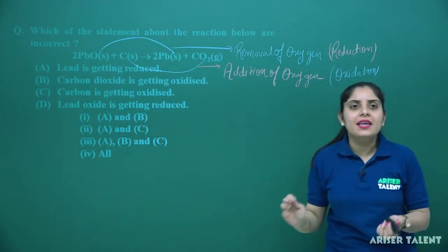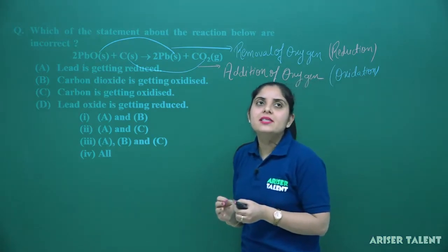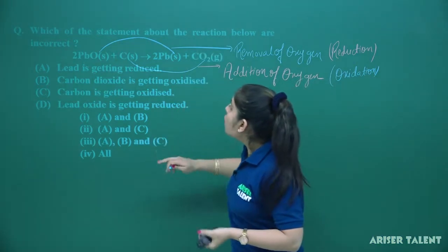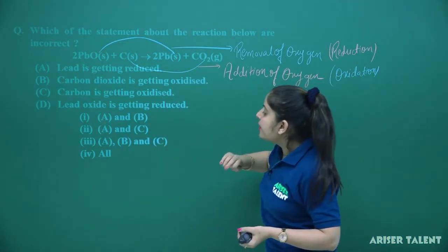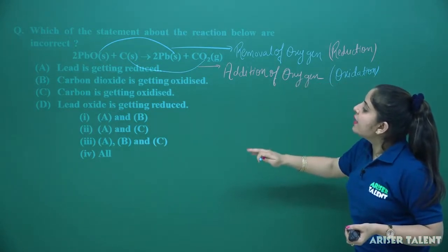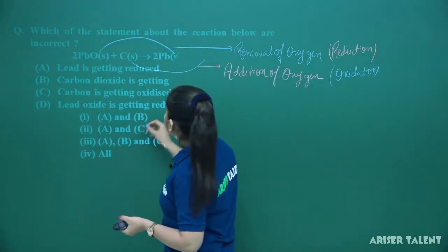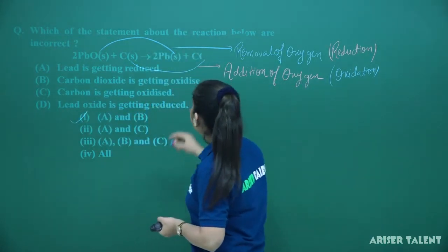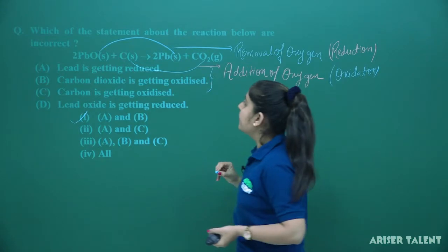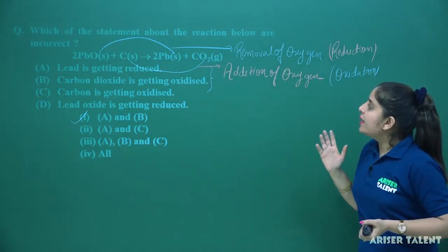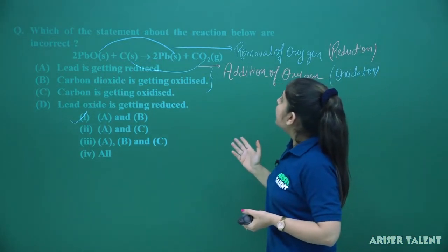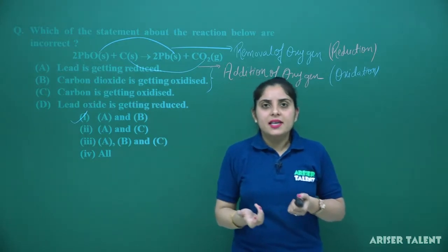So, statements C and D are correct. It means options A and B are incorrect. So, the correct option is option number 1, that is A and B are incorrect, because lead is getting reduced or carbon dioxide is getting oxidized, it doesn't make any sense.